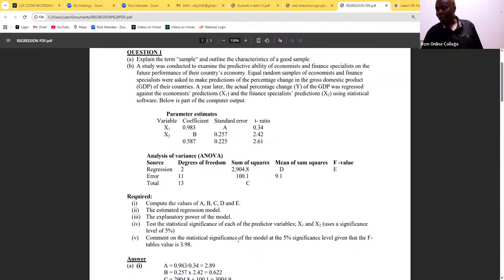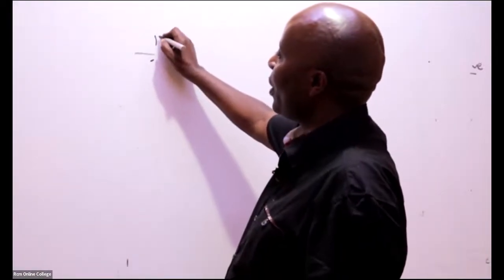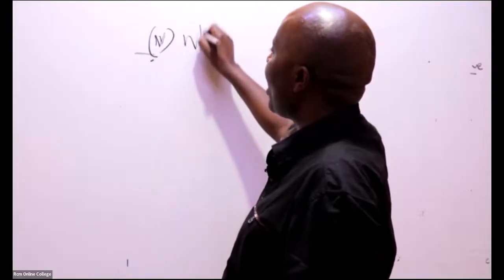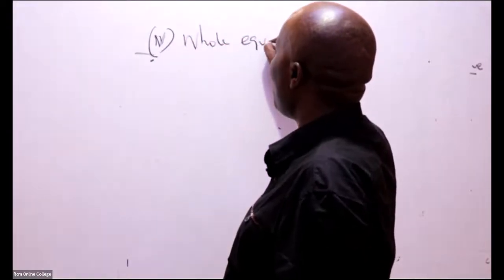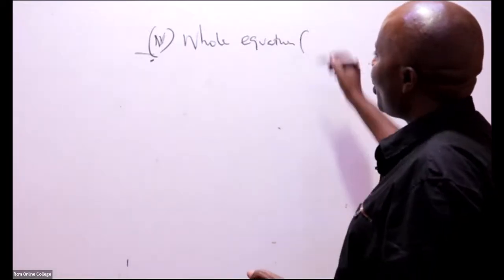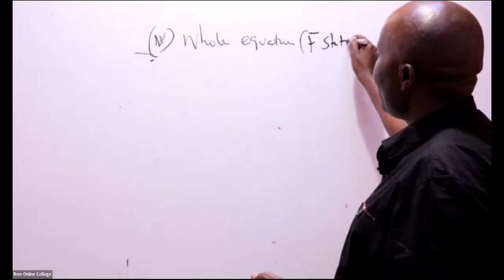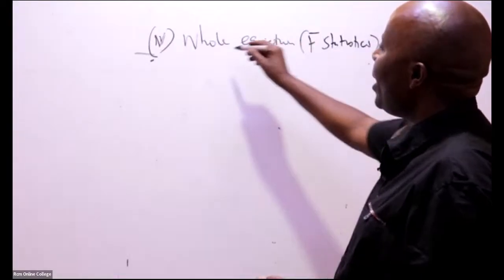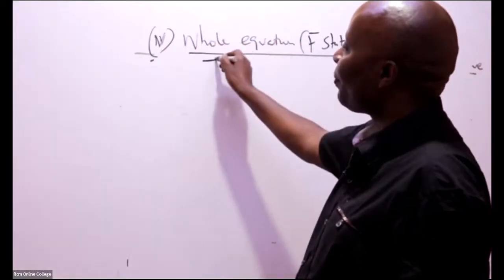So you can see, like here, comment on the statistical significance of the model at the 5% significance level, given that the F table's value is 3.98. Now, in this case here, we are looking at a whole equation, number 5 actually. The whole equation, you do the F comparisons. So in this case, it is the F statistics, where you start with the F tables.